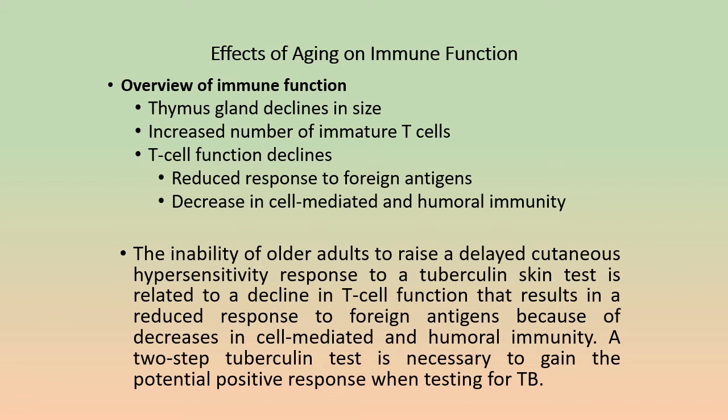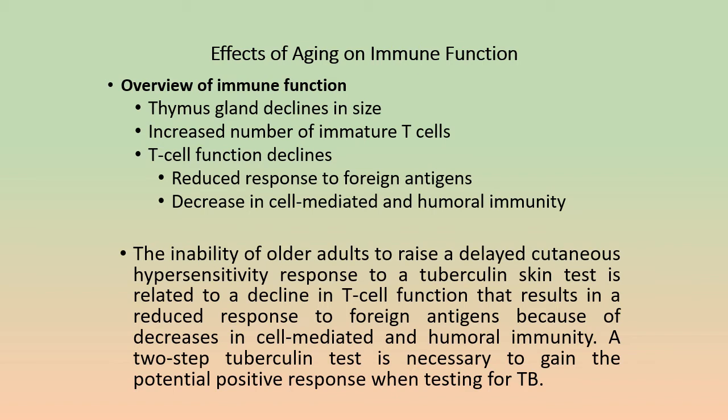There's also a reduction in the response to foreign antigens because of this reduction in T cell function. There is a decrease in cell-mediated and humoral immunity. All of these factors will decrease the ability of older adults to fight infection.